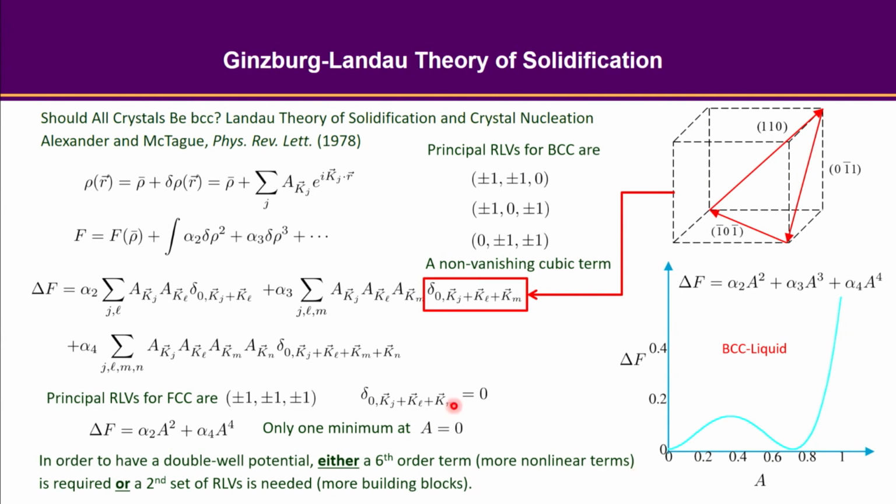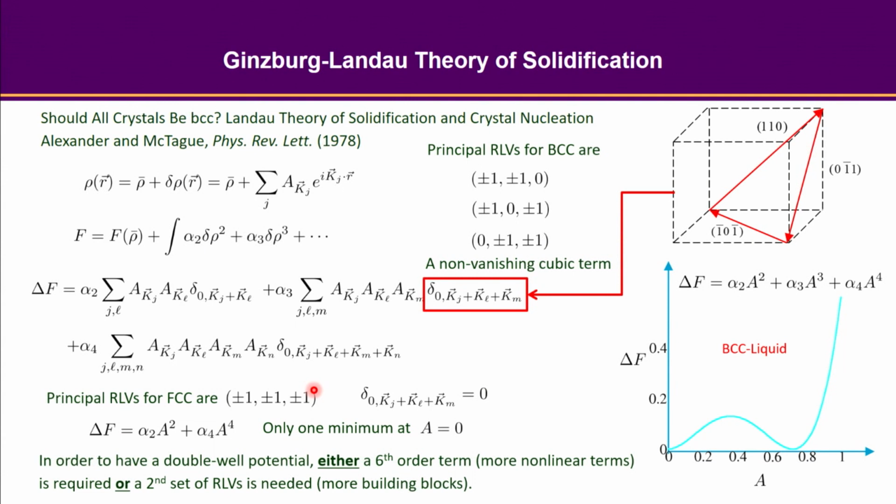The second method is to include more modes, right? Here we only consider the principal reciprocal lattice vectors, but how about something other than 111? We still consider 111, but maybe I can add another set, like 111 together with 200.